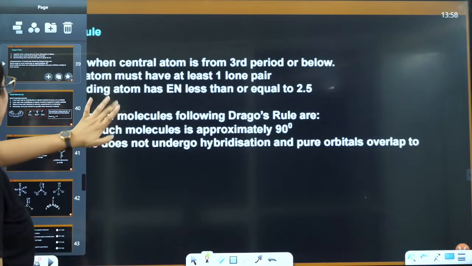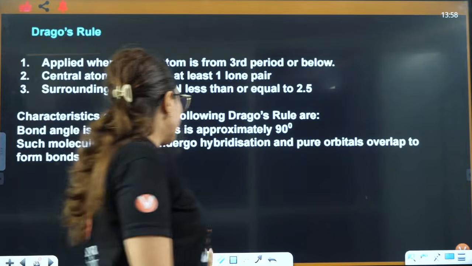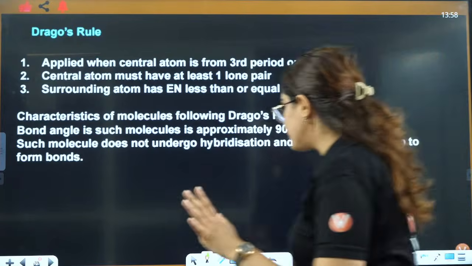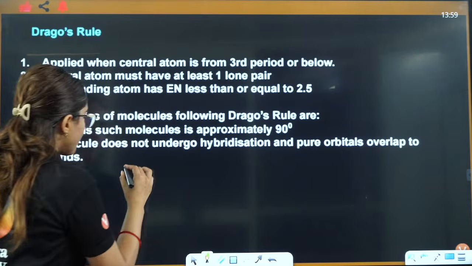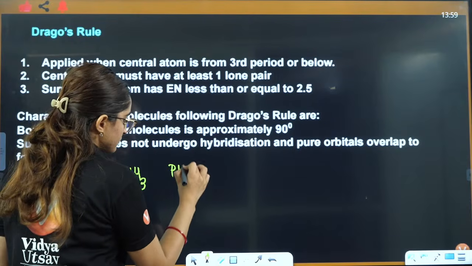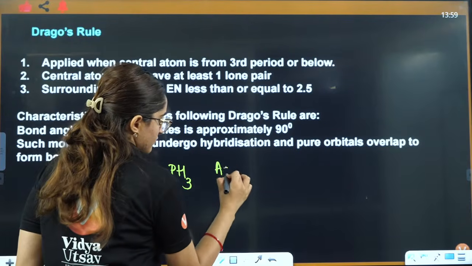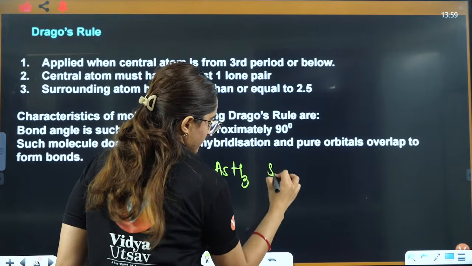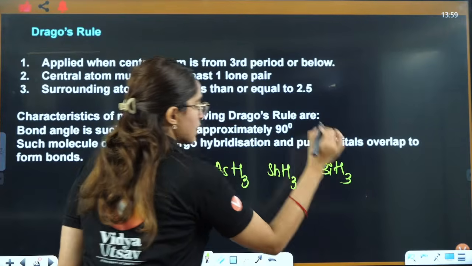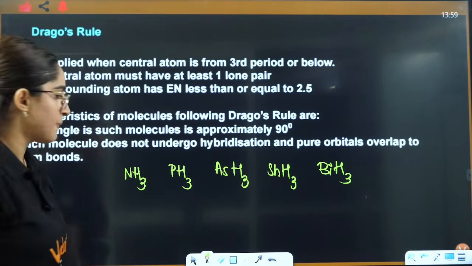Achha. Now let's talk about Drago's rule. Drago's rule, bacha, very simple. It directly says one thing, that if I talk about NH3, this is group number 15.